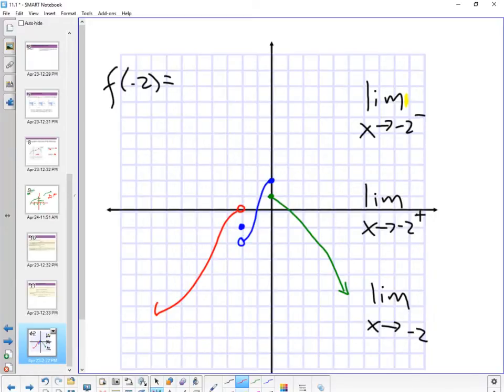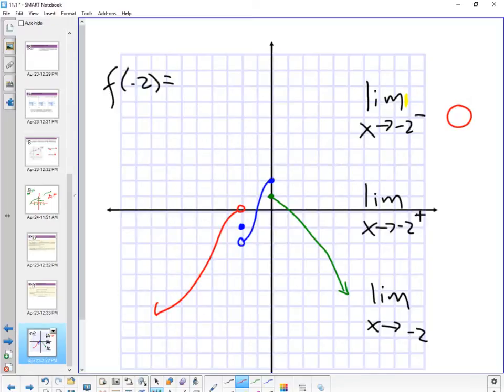How did you come up with 0? Because it's going to the left side, so the only one going to negative 2 is that line. The y value that I'm approaching is 0. Good.